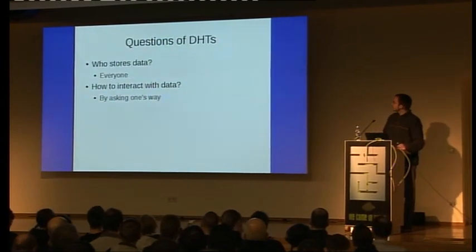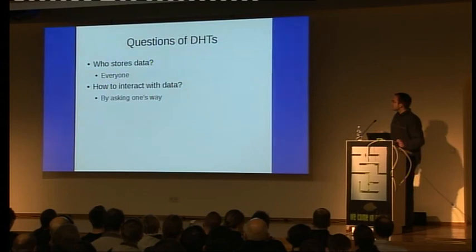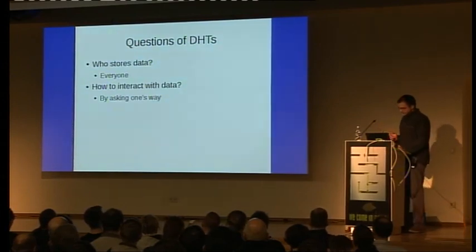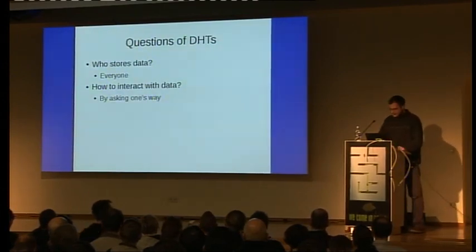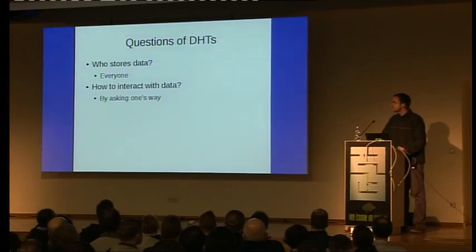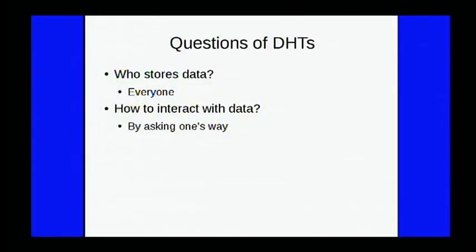So what questions do we ask? Who stores data? Someone has to, preferably not central servers. So everyone stores data. It's peer-to-peer. And how to interact with data, that's related. We don't want to store all IP addresses of DHT nodes because that wouldn't scale.